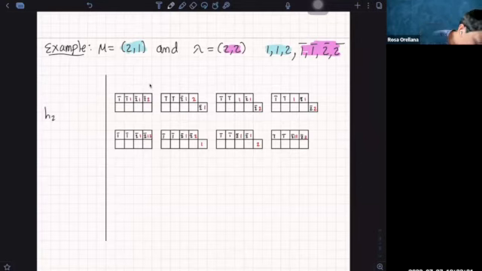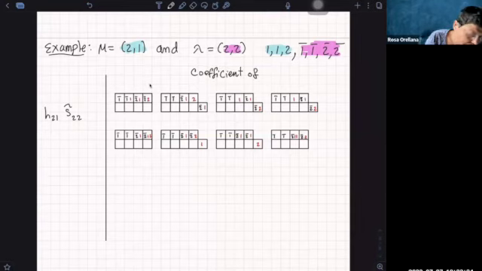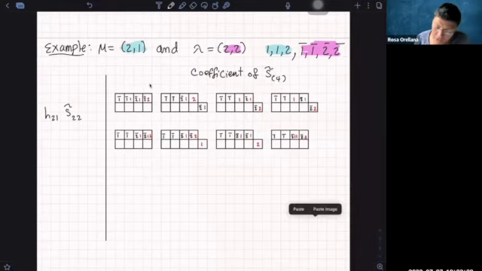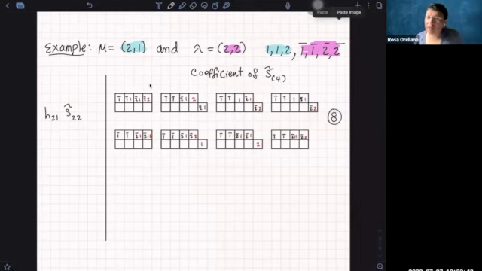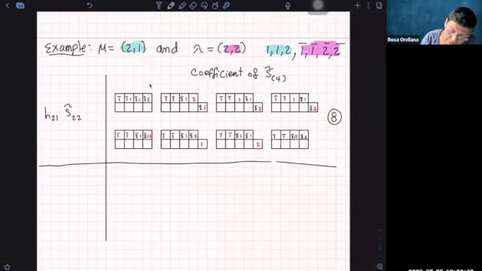If you multiply H tilde 1 by S tilde 2, and you are looking here for the coefficient of S tilde 4, in this case there are 8 tableaus, so the coefficient is 8. Then you look at the next one.